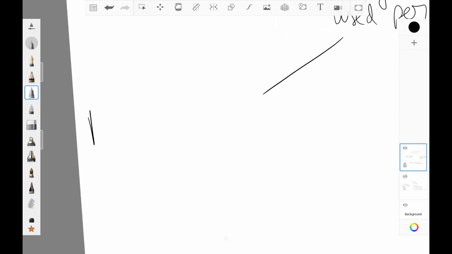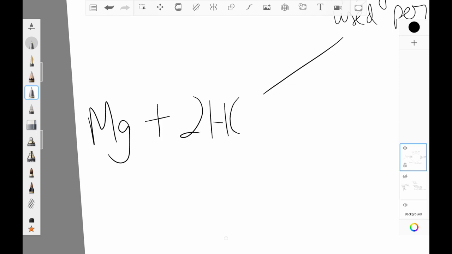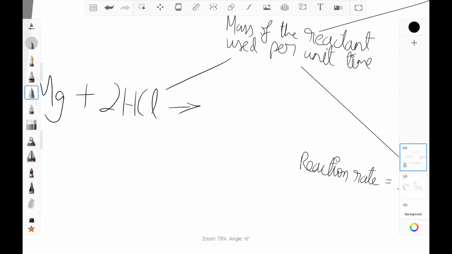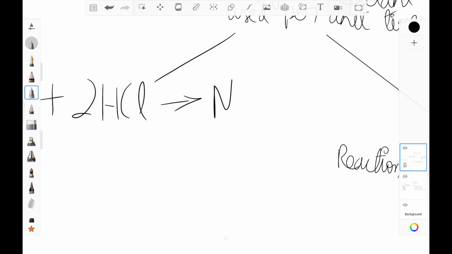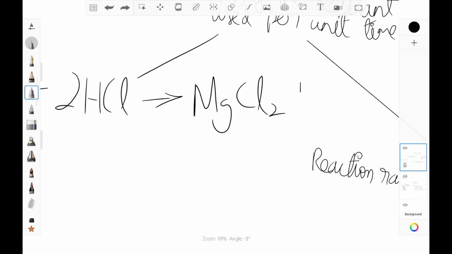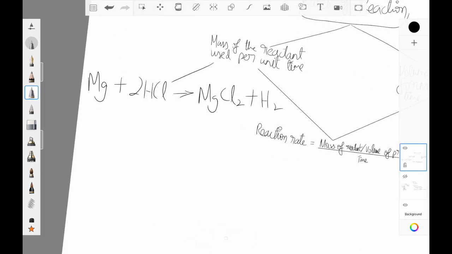Let's take an example of magnesium reacting with, let's say, hydrochloric acid, which will of course form magnesium chloride, MgCl2, plus H2. Let's just make sure it's balanced.